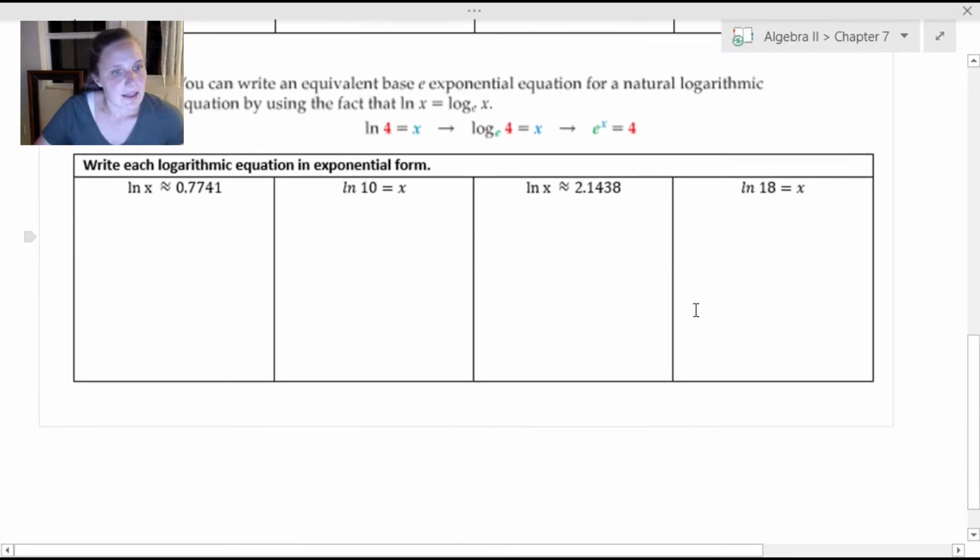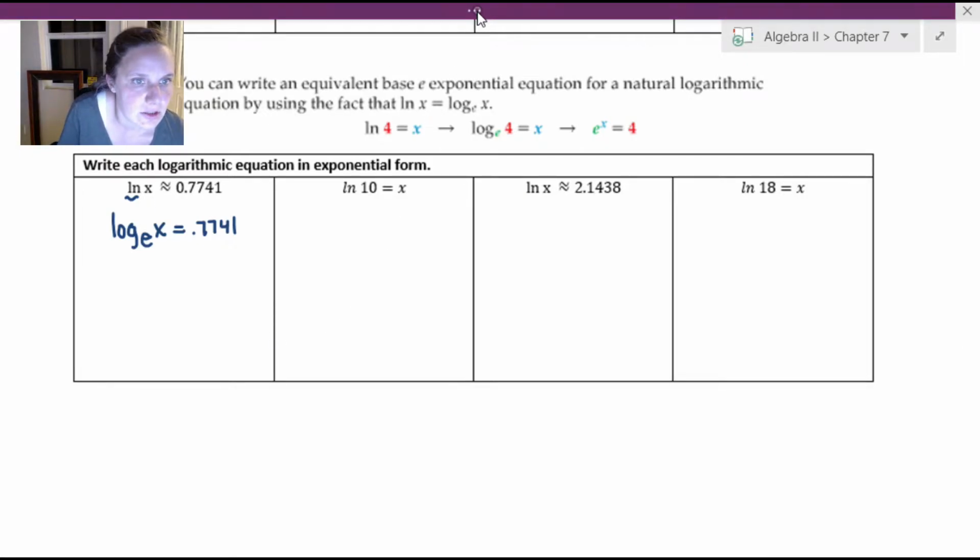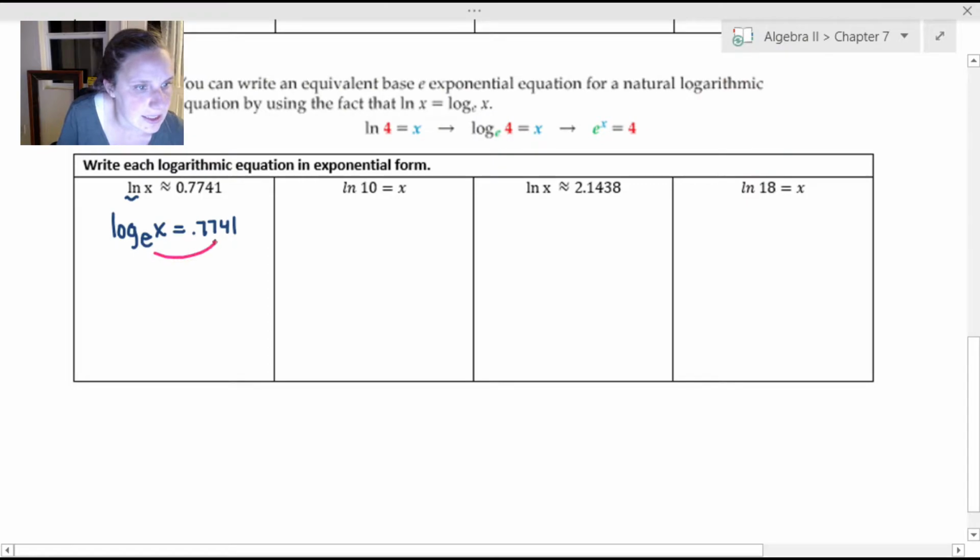All right, and the other way around. If we see ln of x is about 0.7741, and I want to put it in exponential form, you guessed it, we do the swoop-de-doop method. So e to the power of 0.7741 is equal to x.